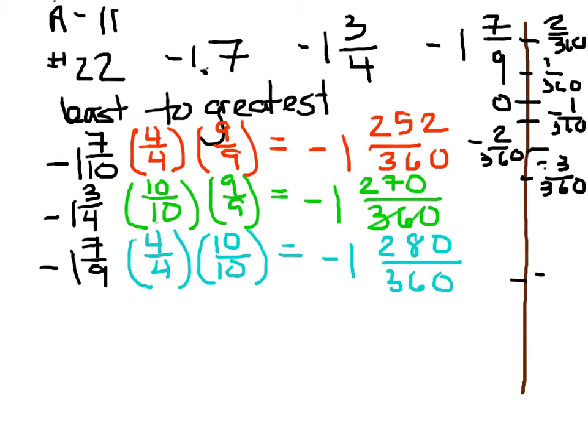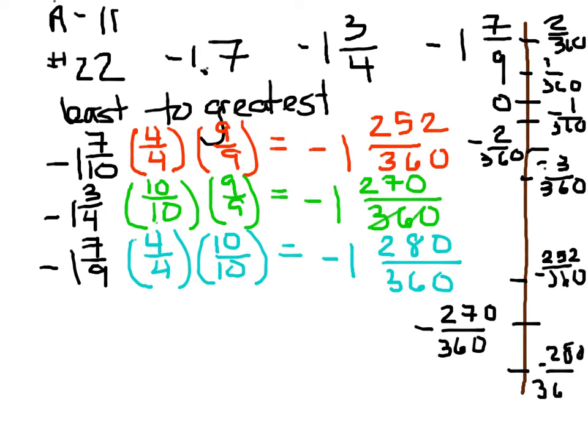So I'm going to come down here, and the first one I'm going to have is -252/360. That says 360, guys. That's really sloppy. And the next one will be my -270/360, and then finally I'm going to have my -280/360.